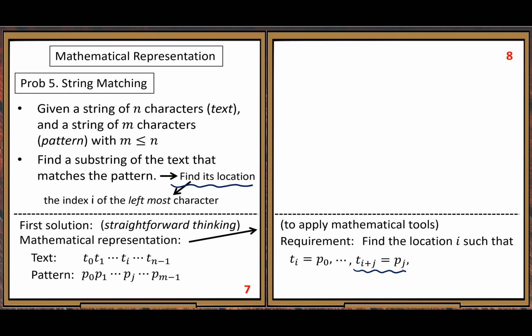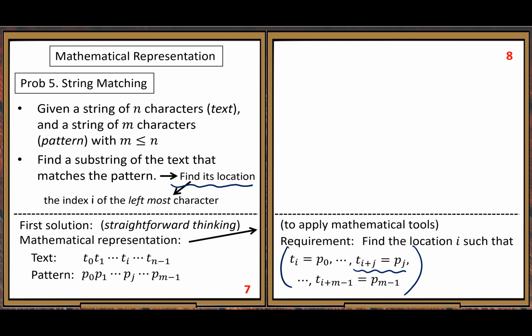One-to-one correspondence, all matching, until you reach the last character of each sequence. The last one: T sub I plus n minus 1 equals P sub n minus 1. That's the expression.